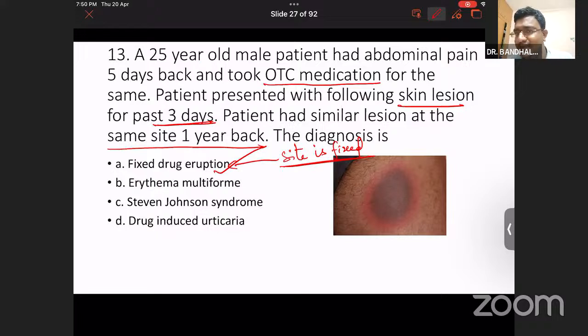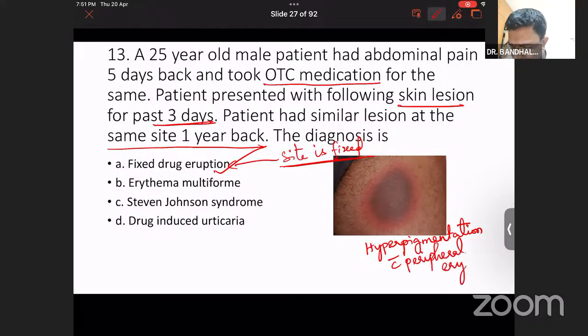There are target-like skin lesions. But if you see, there will be central hyperpigmentation with peripheral erythema, which is characteristic of FDE.